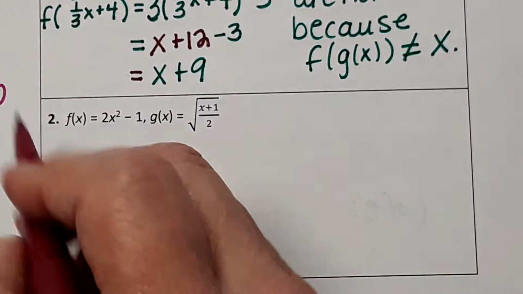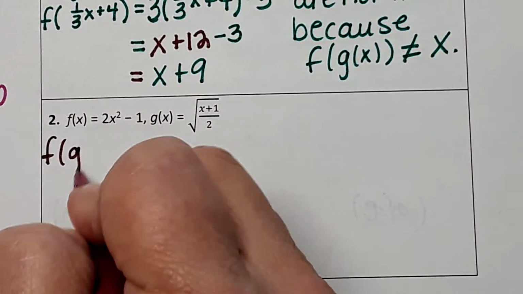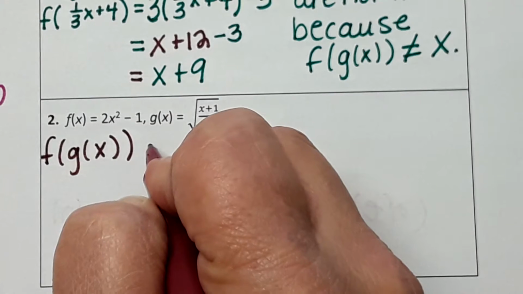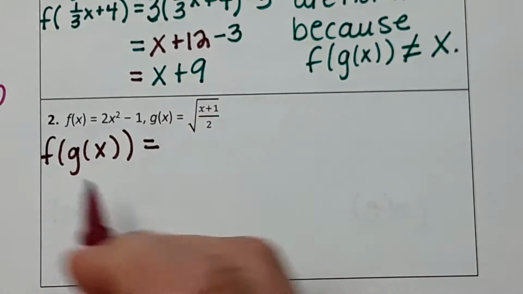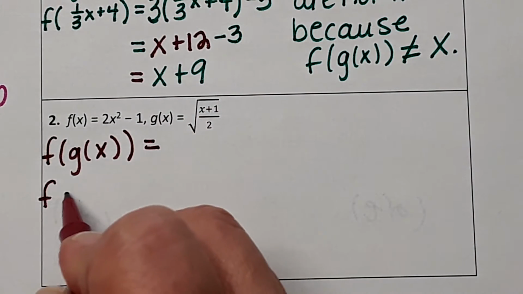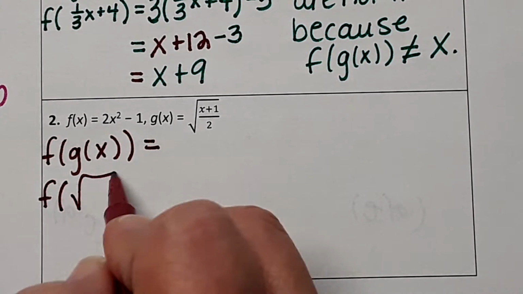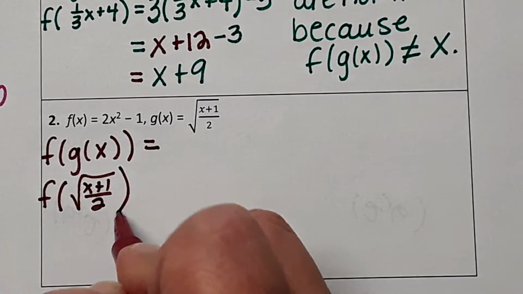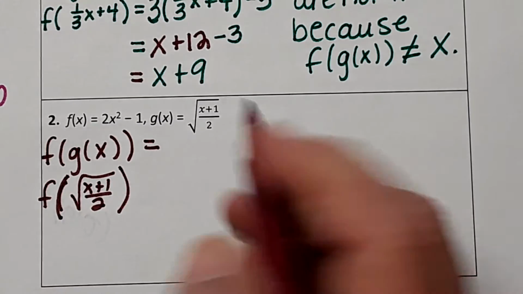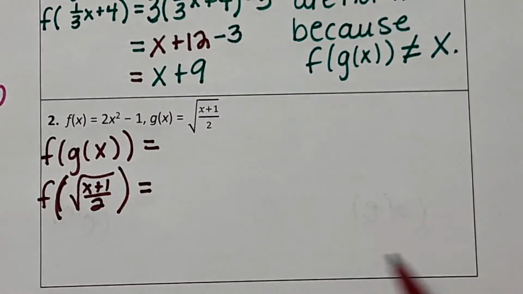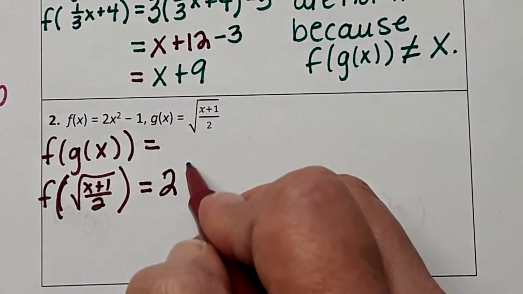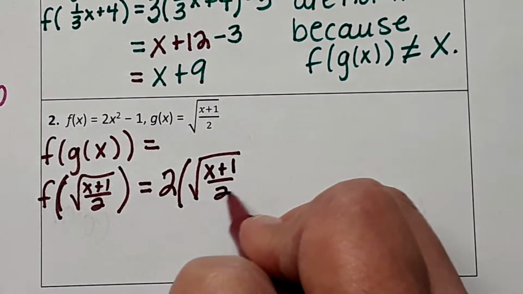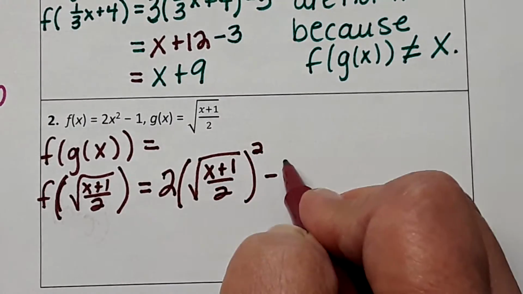Okay, so now we're going to do f of g of x. I'm going to replace x with the square root of x plus 1 over 2. Okay, so we're going to do 2 times the square root of x plus 1 over 2, squared, minus 1.